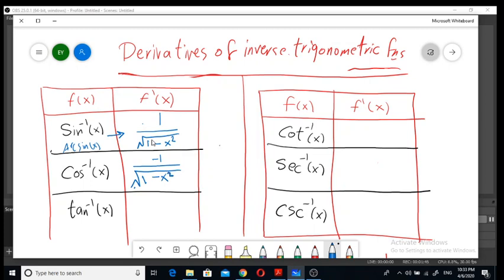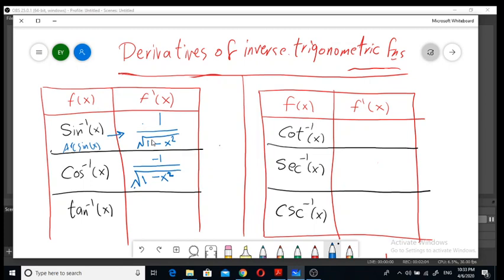So the first derivative of sine inverse of x will be 1 over square root of 1 minus x squared, but cosine inverse of x will be negative 1 over square root of 1 minus x squared.